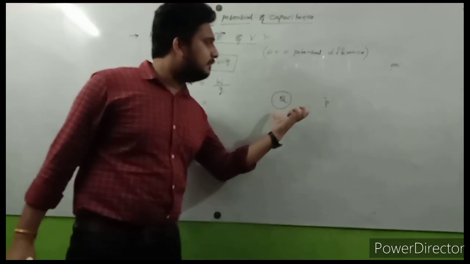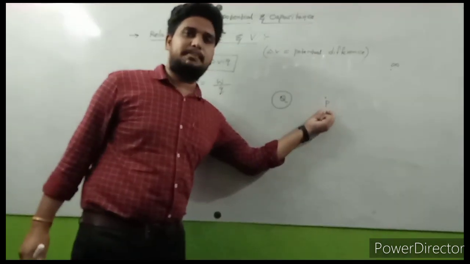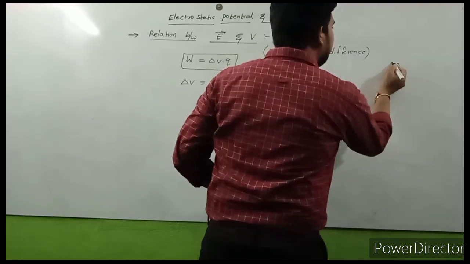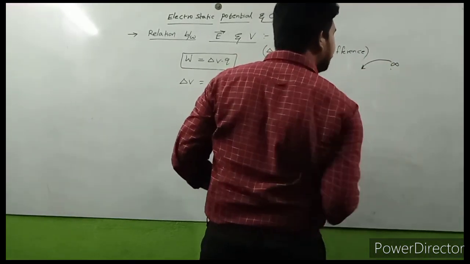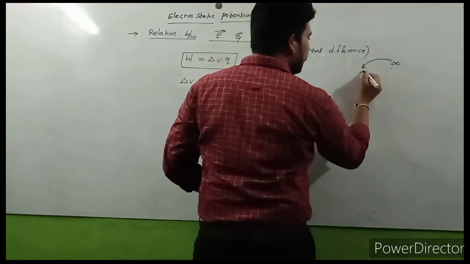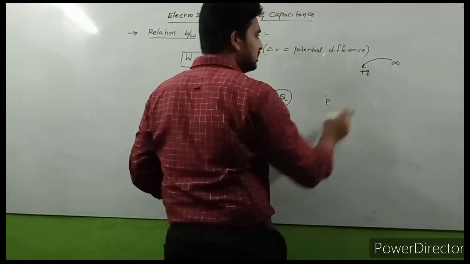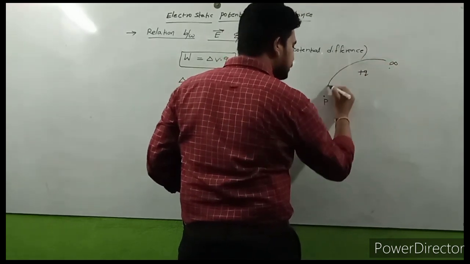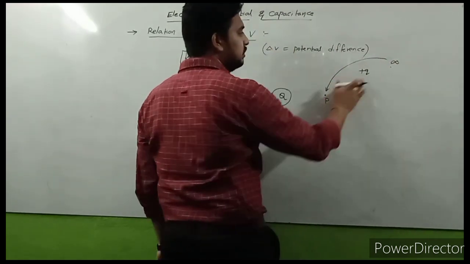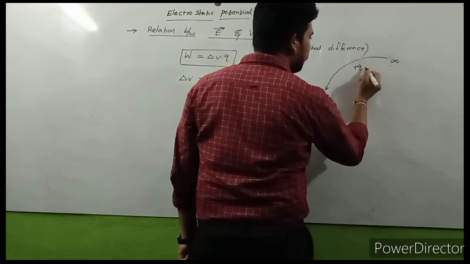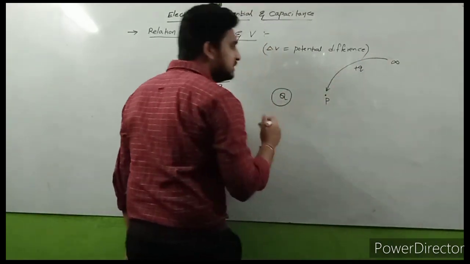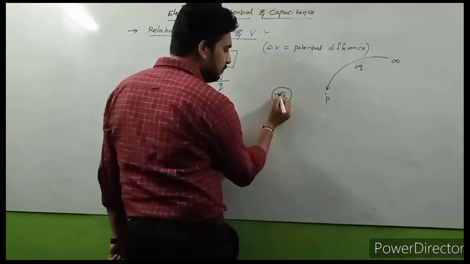In that electric field, we place some point P. We bring some charge, a unit positive charge, from infinity to this point. So this plus q charge is brought from infinity to this point. This is a positive charge.